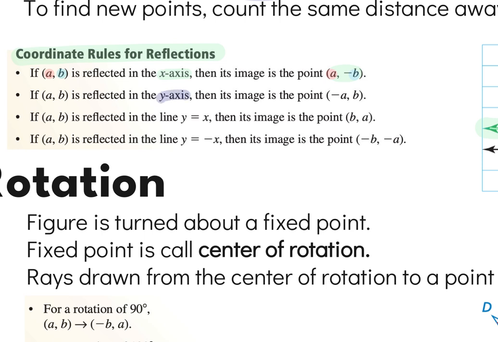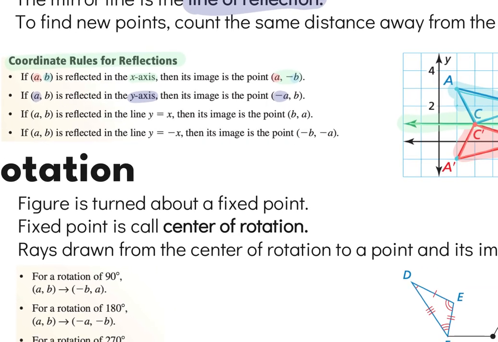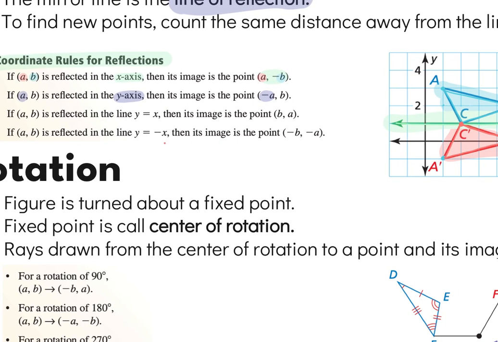When it's reflected over the y-axis, we're going from left to right, so we're changing our x to negative x. If it's reflected over the line y equals x, that means the y-intercept is at 0 and your slope is 1. So the y equals x line looks like this. And in this case, we would switch the x and y.